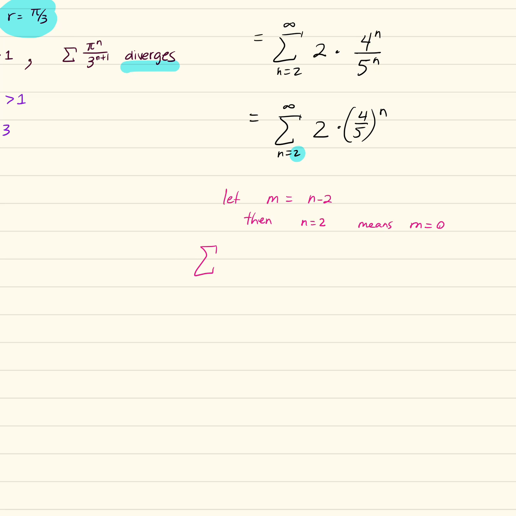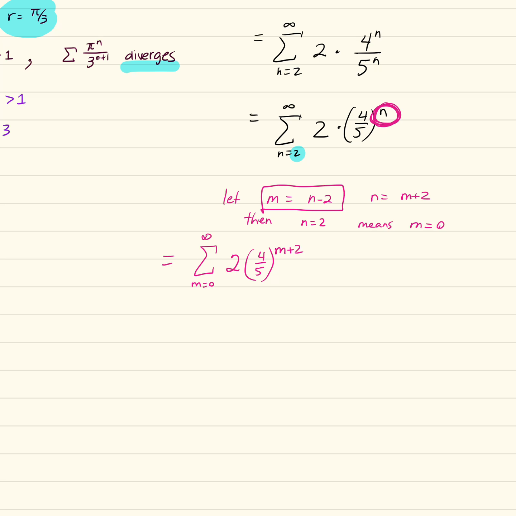So it's just like when you're doing a u substitution. So we just have to switch everything over from m to n. So down here, I've got m starting at 0. And here I've got 2. This n, what is n going to be? Well, now look, if m is equal to n minus 2, that means that n is m plus 2. So I can write this as 4/5 to the m plus 2.